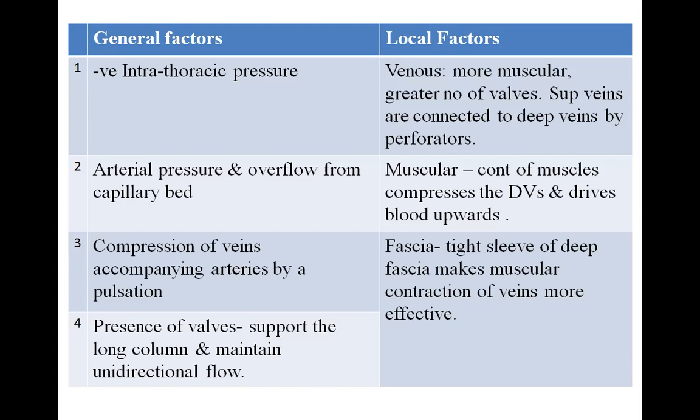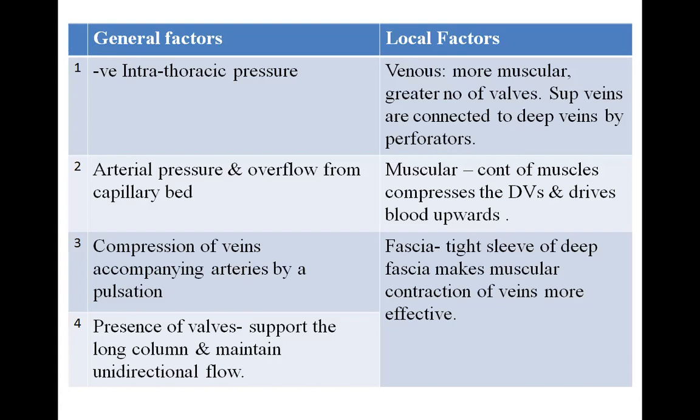The local factors are divided into three parts: venous factor, muscular factor, and the fascia. Veins of the lower limb are more muscular and have a greater number of valves. Superficial veins are connected to the deep veins by the perforators or perforating veins.